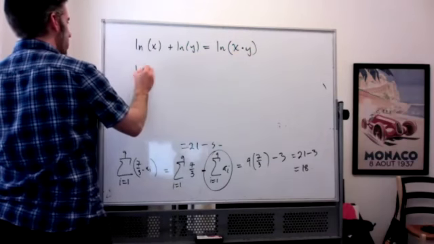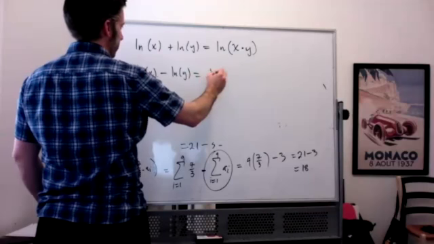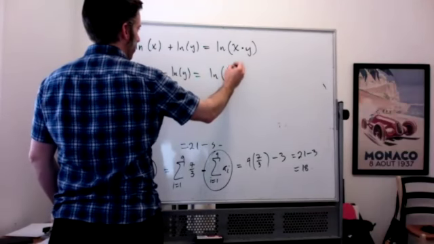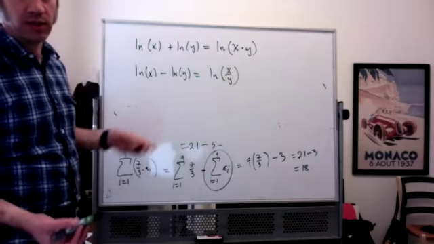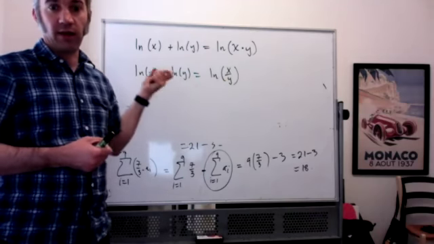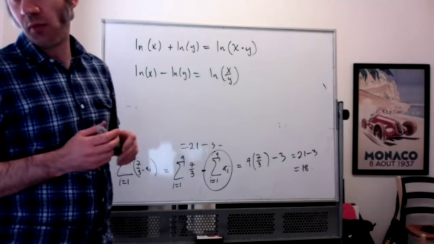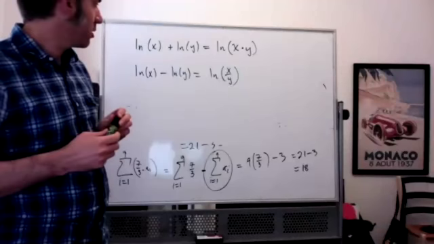And if you have subtraction, the natural log of x minus the natural log of y is the natural log of x divided by y. So that's the rule I'm using: since I have a logarithm subtracting another logarithm, I can divide their arguments. Okay, that makes sense.